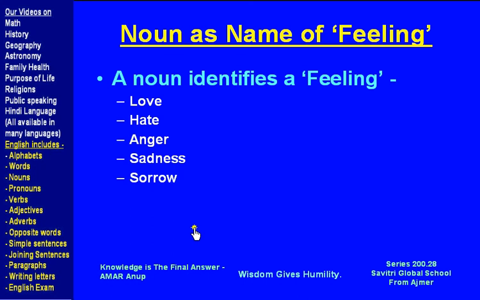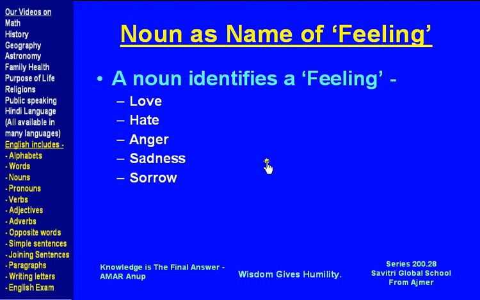Now some feelings as nouns. Love is a feeling, hate is a feeling, anger is a feeling, sadness is a feeling, sorrow is a feeling. So all these are nouns also. And again there can be hundreds of other nouns depending on the feeling, and changing these words slightly can make them adjectives or adverbs. Like angry is an adjective, he is an angry young man.